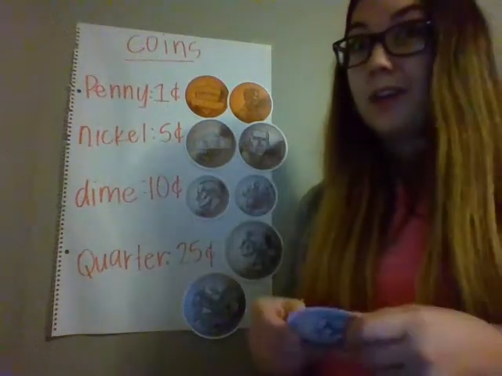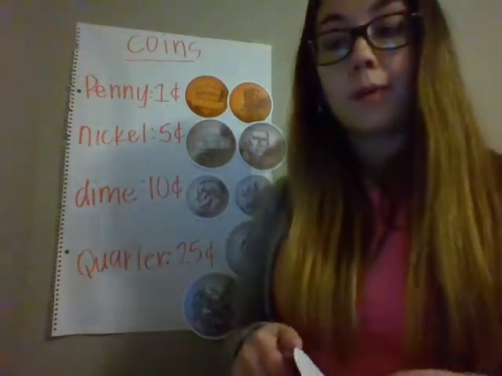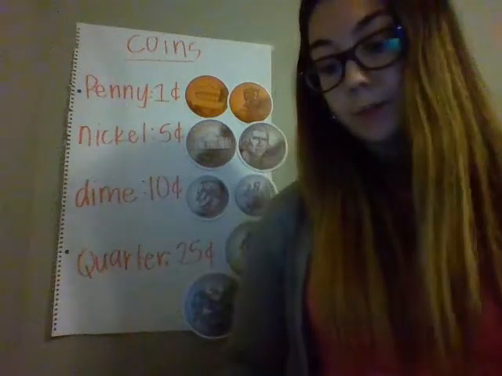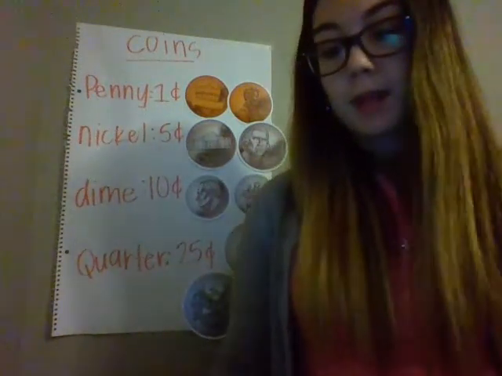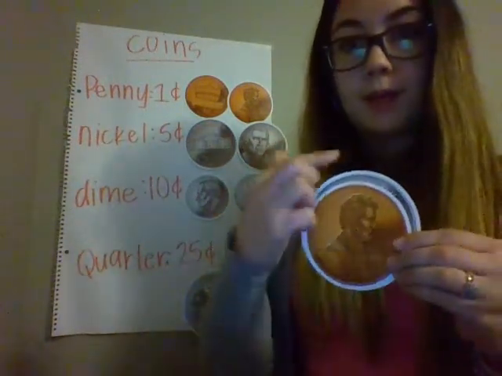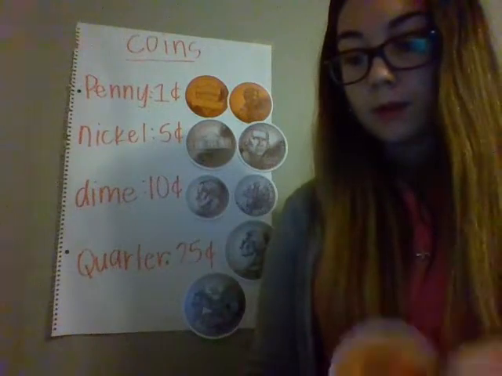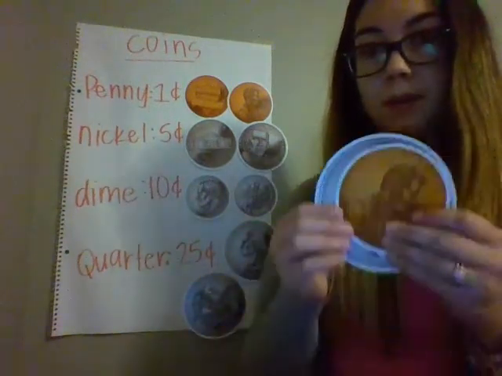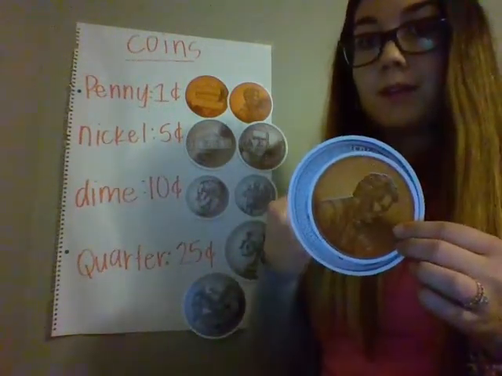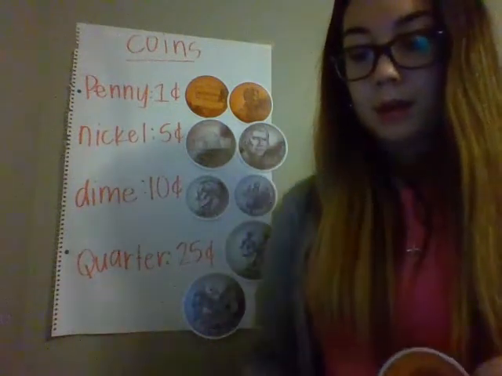So we can't look at our sizes and say, oh, it's a bigger coin, it's worth more. That's not always true. I can take my penny and put it on my dime, and I can still, or my nickel, I'm sorry, and still see the nickel around it. So the penny is smaller than the nickel, and then I can take my quarter and see, oh my goodness, that penny is a lot smaller than a quarter.